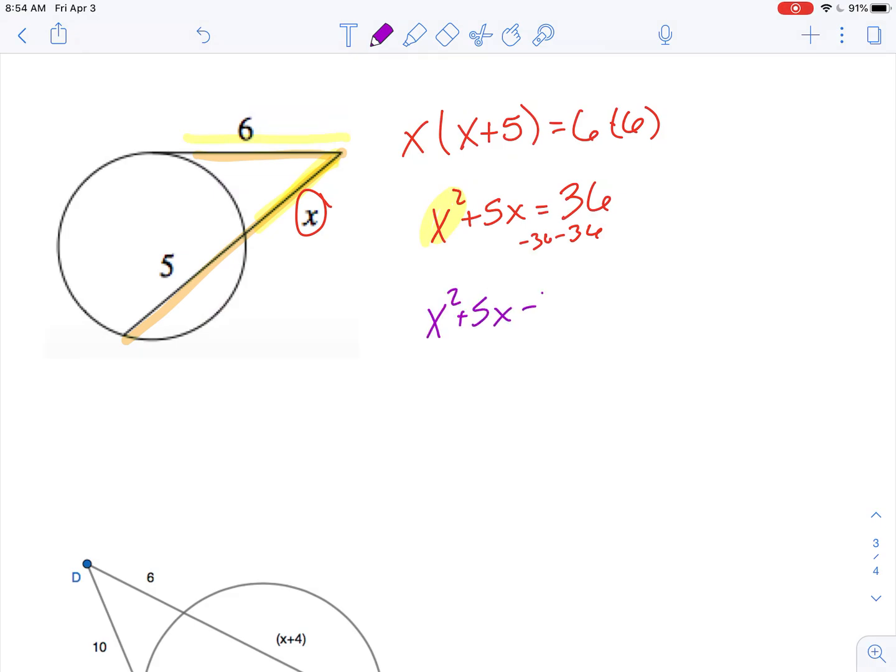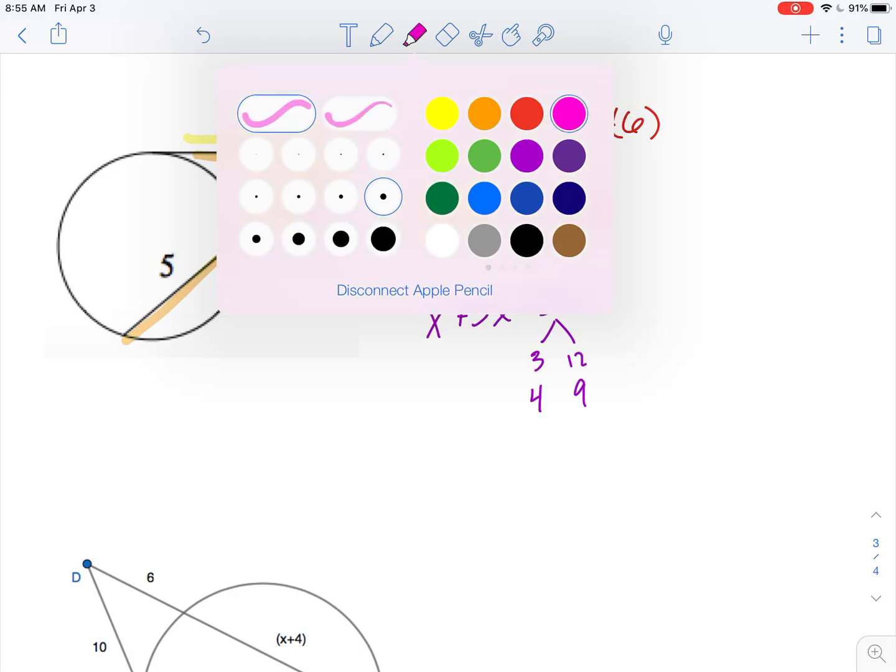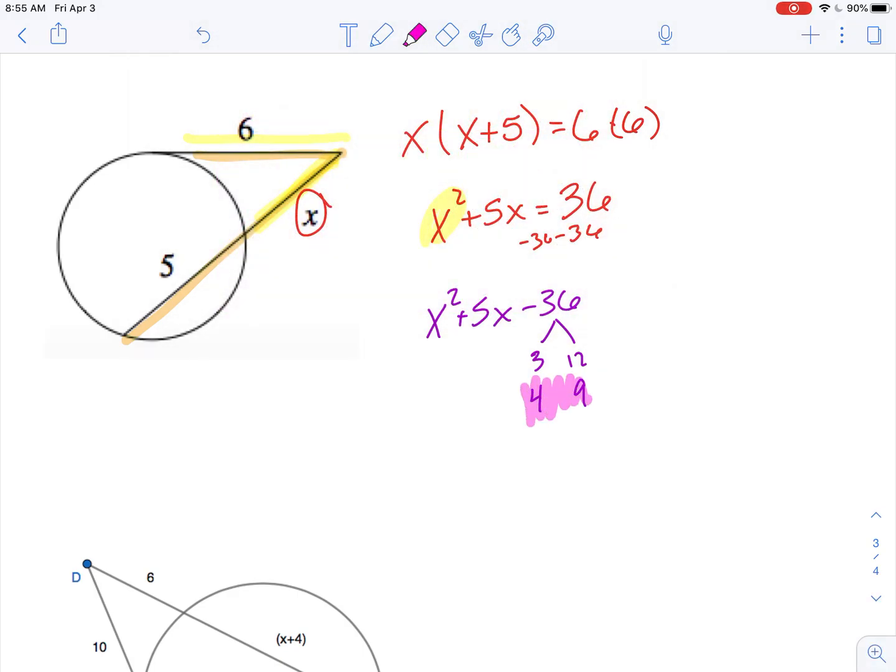And I could subtract the 36 over because I noticed I had an x squared and I want to end up factoring. So x squared plus 5x minus 36. Factors of 36, got 3 and 12, 2 and 18, 4 and 9, and 4 and 9 are going to end up combining to 5.